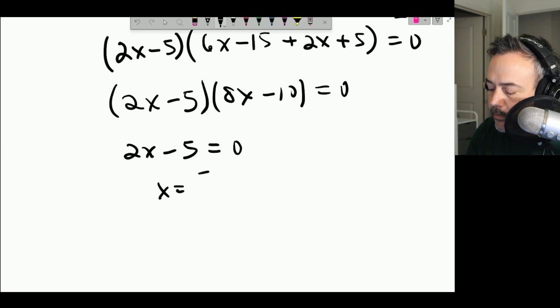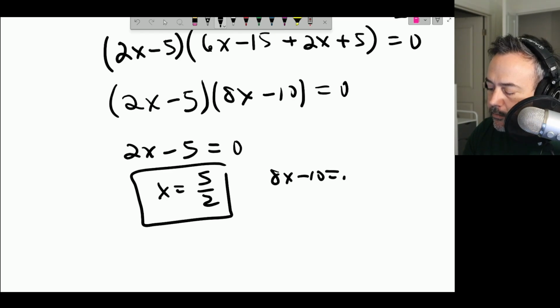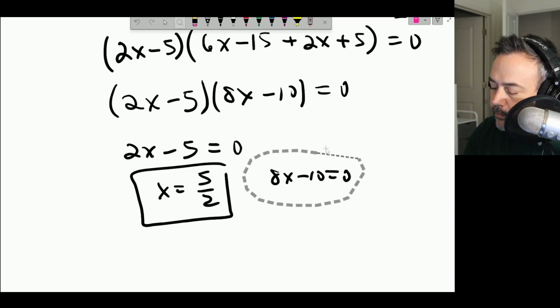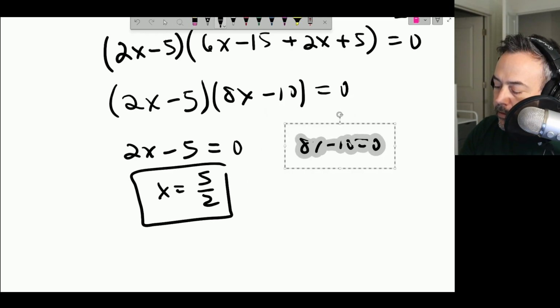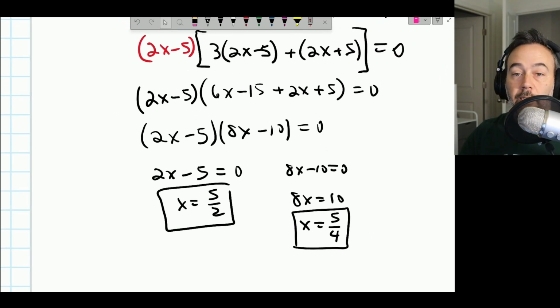So x equals 5 halves. Multiplicity 1. And on this one, 8x minus 10 equals 0. 8x equals 10. x equals 10/8 or 5/4. Done. Okay, that's the whole review.